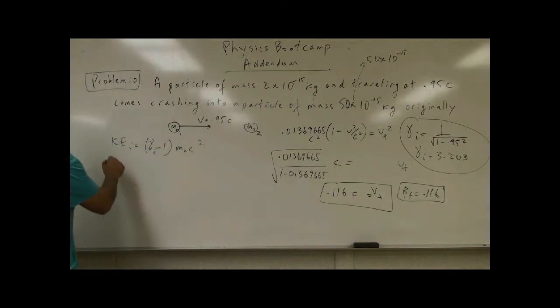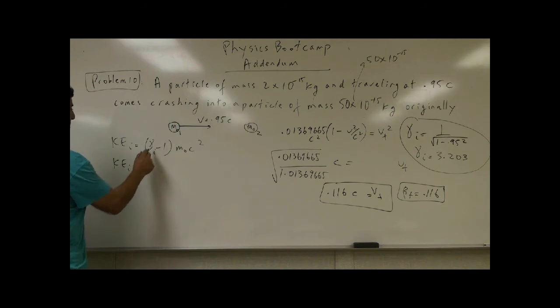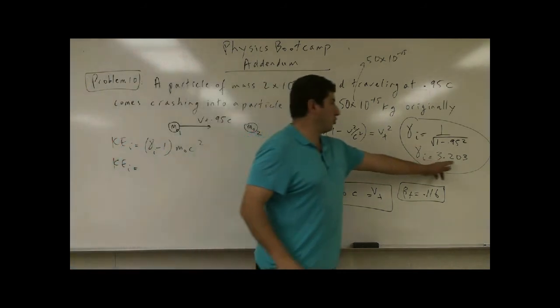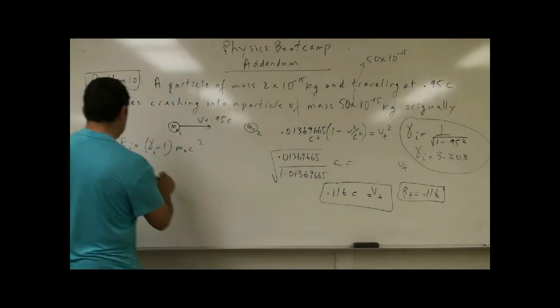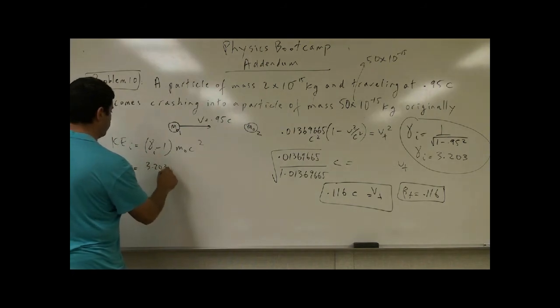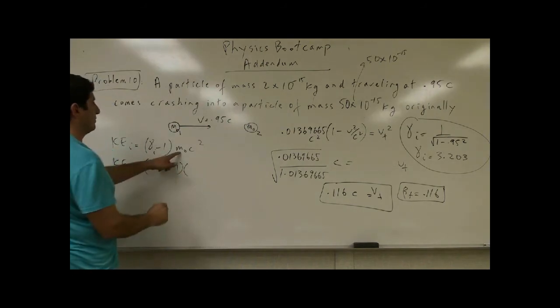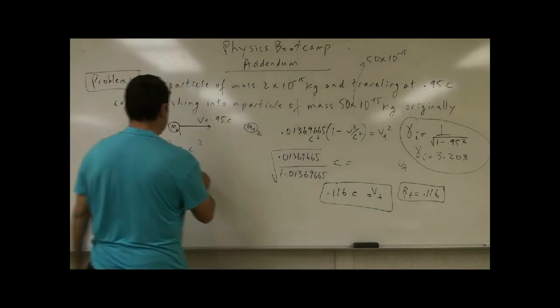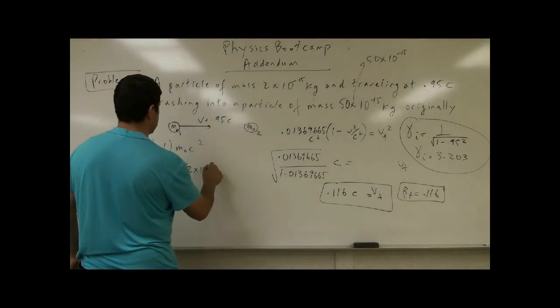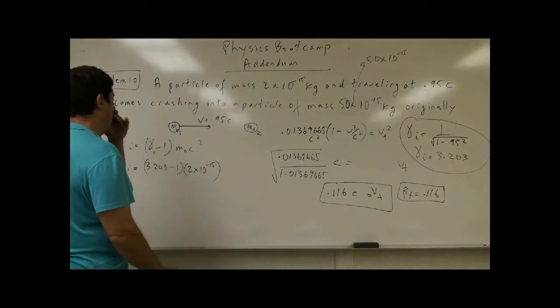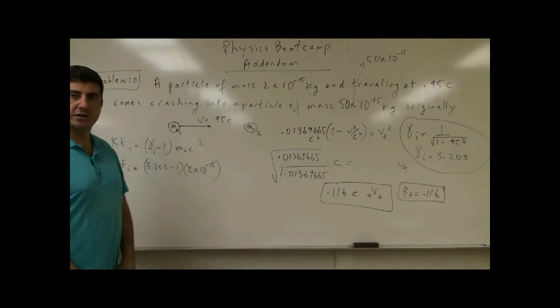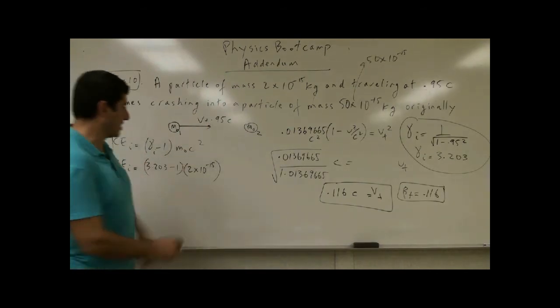Right? So initial kinetic energy, gamma initial was 3.203 minus 1. The initial mass was 2 times 10 to the minus 15. And then the speed of light squared, well, that's 3 times 10 to the 8 squared.